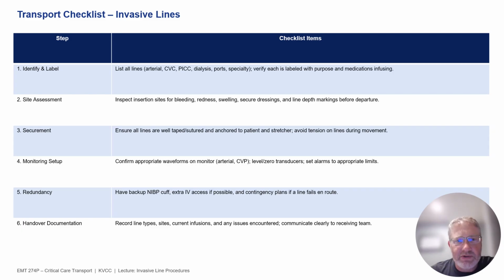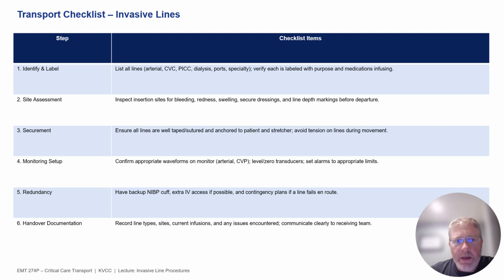Inspect every insertion site. Look for bleeding, redness, swelling, a dressing that's not secure, and not only note that, but see if those things can be addressed prior to transport, if at all possible. That'll lessen your burden a ton.